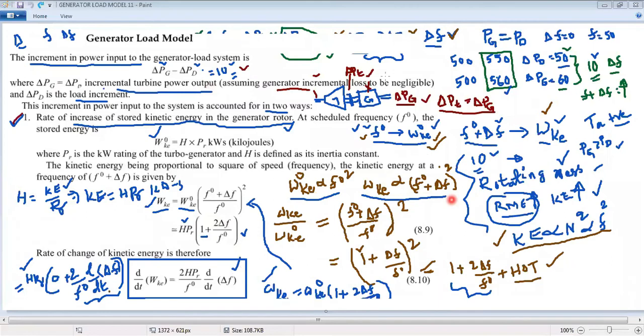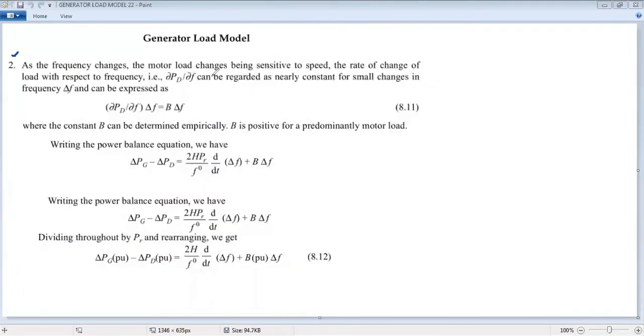Now let us see the other case. As the frequency changes, the motor load also changes, being sensitive to the frequency. The rate of change of load with respect to frequency is given by dou PD by dou f.